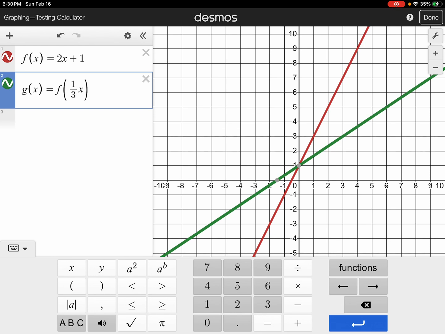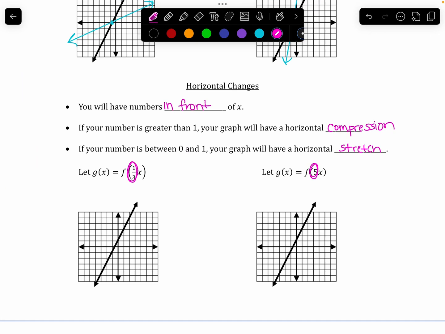If you know what it is as a vertical change, then it's just going to be the opposite when you think about it as a horizontal change. So this is going to be a horizontal stretch. It would be a vertical compression, but a horizontal stretch.